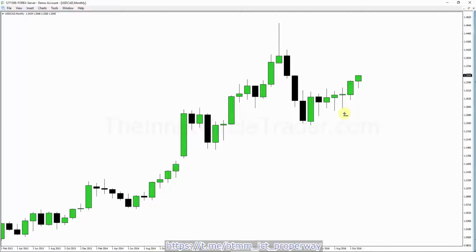Go back over every pair that you think is of interest to you and have the open, high, low, and close delineated on a monthly chart over the last 3 months. So that would look like this. We're in November now, so here's October, September, August, and having those reference points on your chart and having those levels transposed into your lower time frames, they'll bring a great deal of clarity.